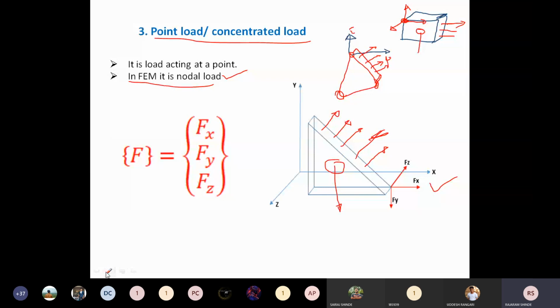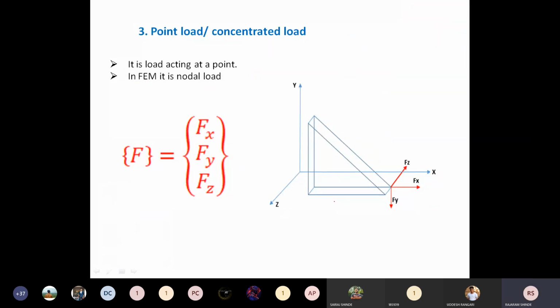Now, these are the different forces acting on the body. Here you can consider any force except thermal load. If you consider the axial load, the lateral load, the shear load, or concurrent forces, non-concurrent forces, all these forces come under any one of these three categories.